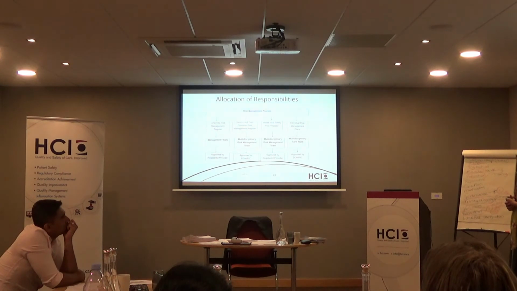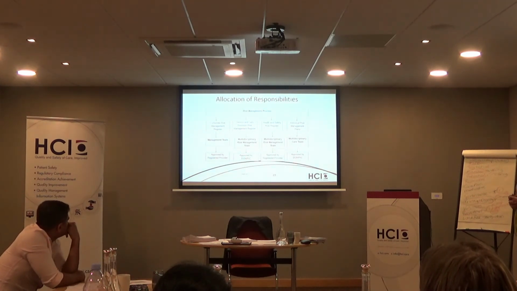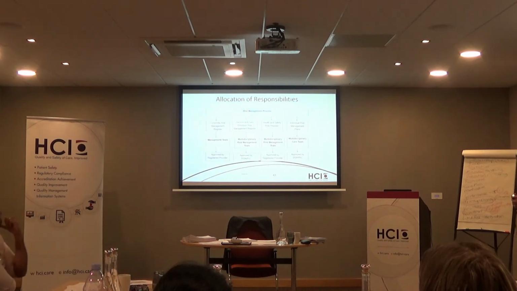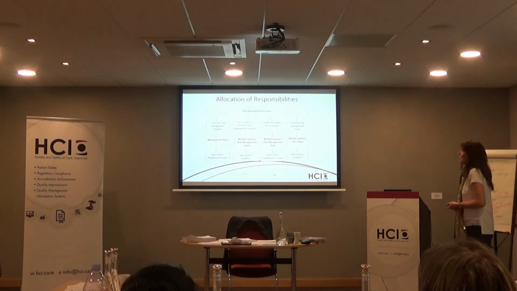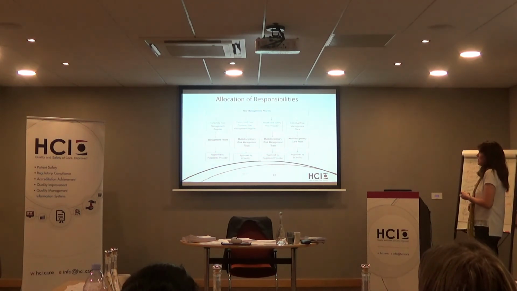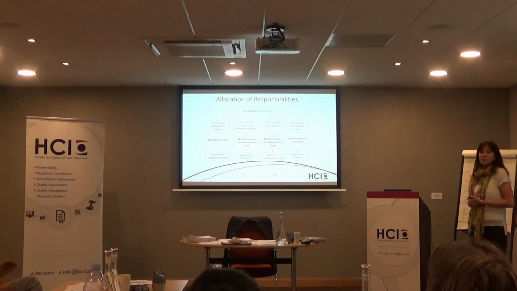And this is approved again by the registered provider. And last but not least, our individual risk management plans are again looked at and reviewed by a multidisciplinary care team, okay? So the caring background approved by the Director of Nursing or person in charge. So when we look at clarity around roles and responsibilities, that is the clarity there. The ultimate responsibility, the input is here, and the ultimate responsibility lies here. Okay?